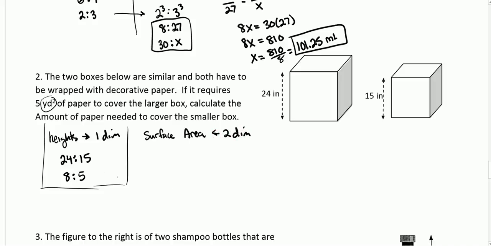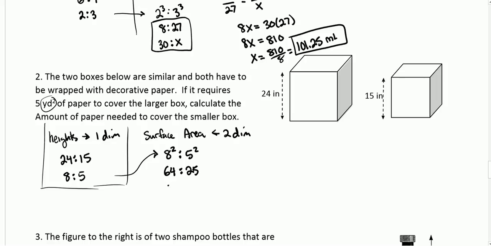And if we have our one-dimensional ratio 8 to 5, we can get our two-dimensional ratio by squaring those. So 8 squared to 5 squared, or 64 to 25. They tell us it takes 5 square yards to cover the larger box.